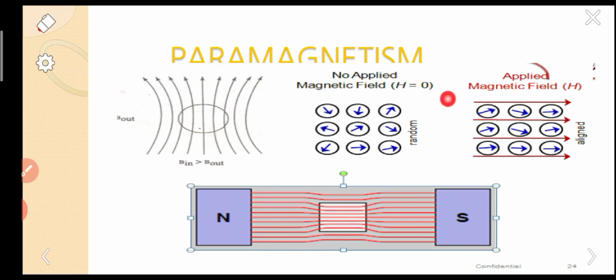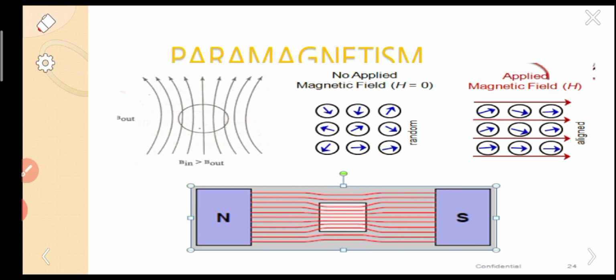That means only weak attraction is there. This type of dipoles are weakly attracted by the magnetic field. Paramagnetism is a weak effect.